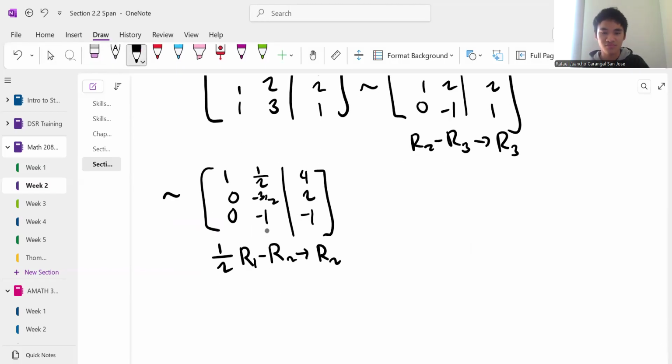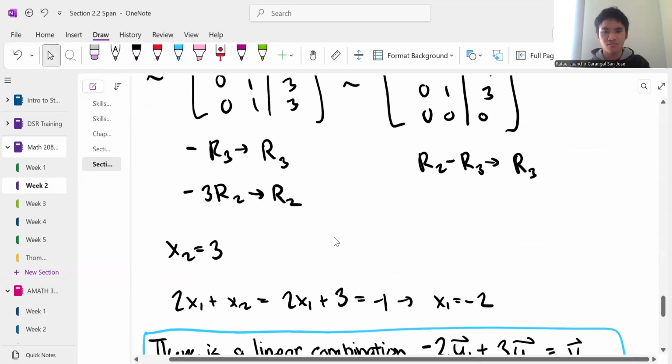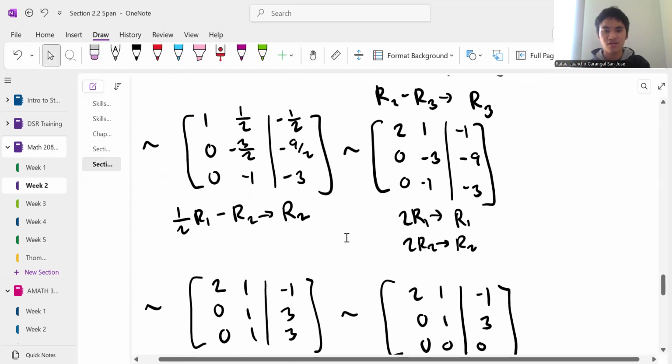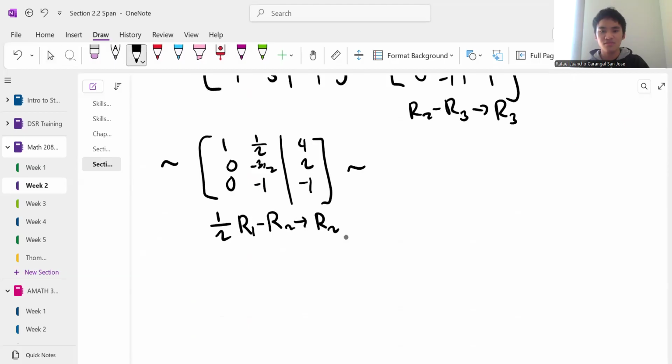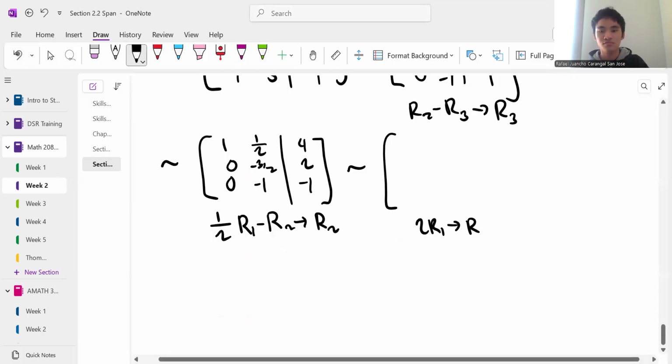Let me keep going. What did I do here? I scaled it back. So I multiplied 2 to both R1 and R2. So this would be a 2, 1, 8.